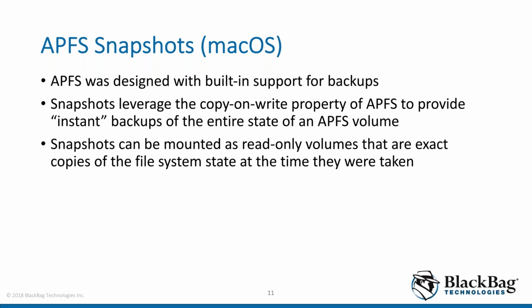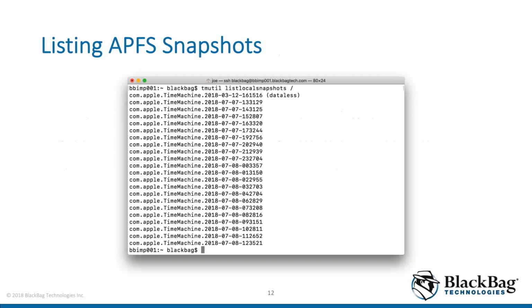By doing that, usually the older object is now free to be overwritten, but with snapshots, if you have a snapshot of that object, the object sticks around and is still counted as allocated. That way it cannot be overwritten, and we can restore the state of the file system at any time. We'll talk a little bit more about the specifics of how this works in the future. And just like volume shadow copies, with APFS you can mount snapshots as read-only volumes, which give you a volume that's an exact copy of the file system state at the time that the snapshot was taken.